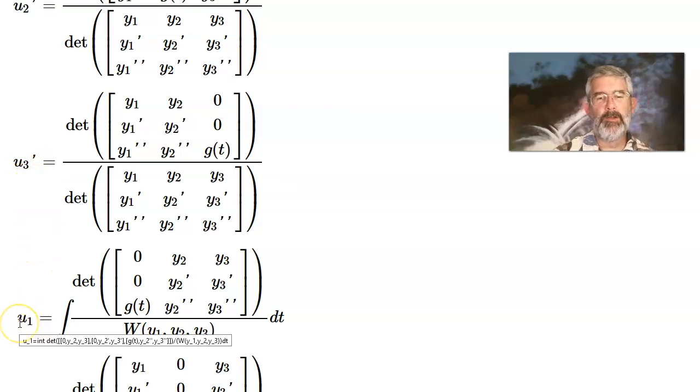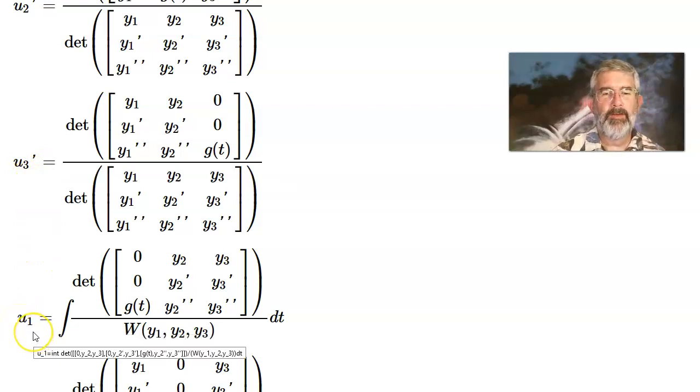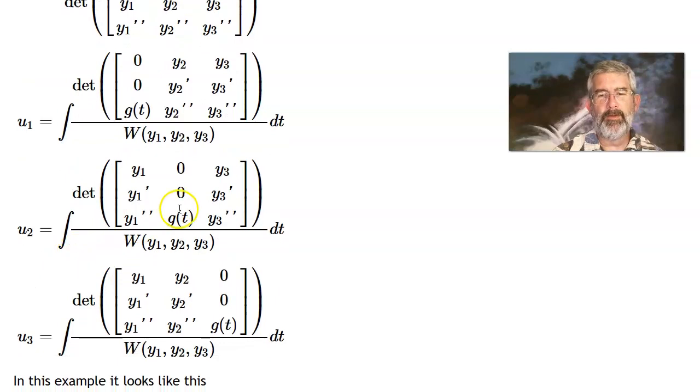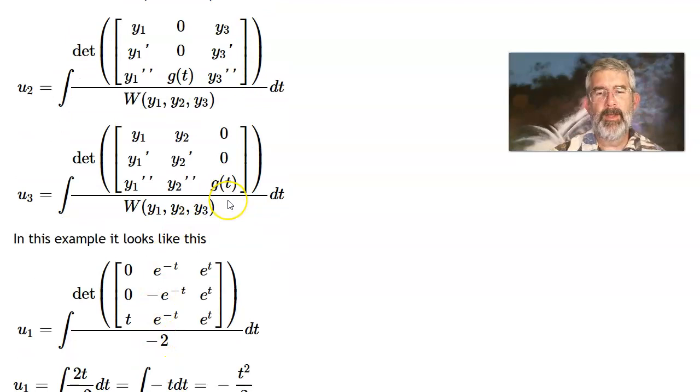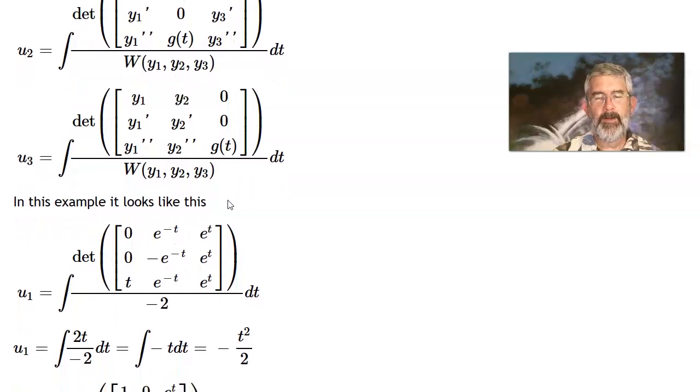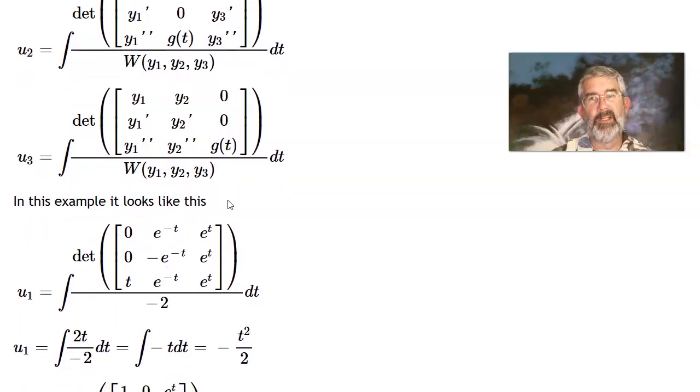So in order to get u1, u2, and u3, you've got to integrate. So I have the integral of this determinant divided by the Wronskian for u1, and then for u2, it's the integral of this determinant divided by the Wronskian, and so on. And you can see that this would generalize very nicely to any nth order linear differential equation.